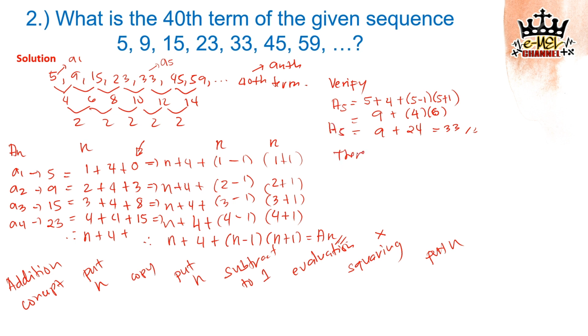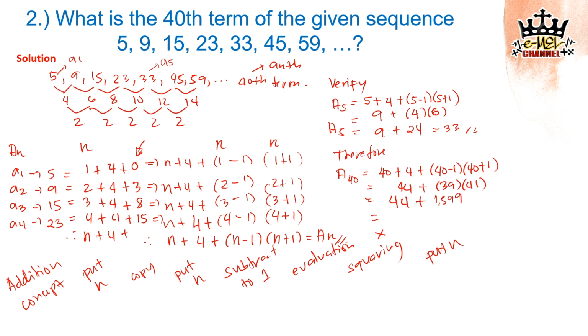In short, we can now solve the problem of the 40th term. a sub 40 is 40 plus 4, plus 40 minus 1 times 40 plus 1, which follows 44 plus 39 times 41. 39 times 41 is 1599.